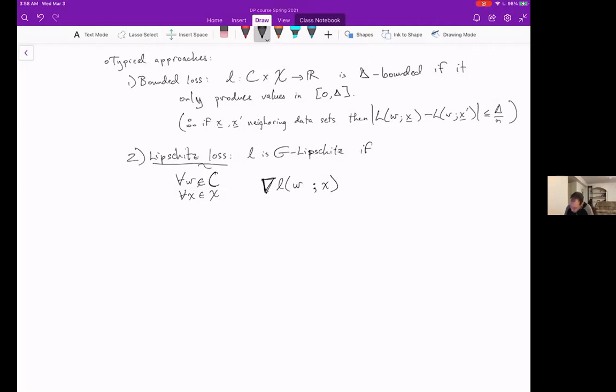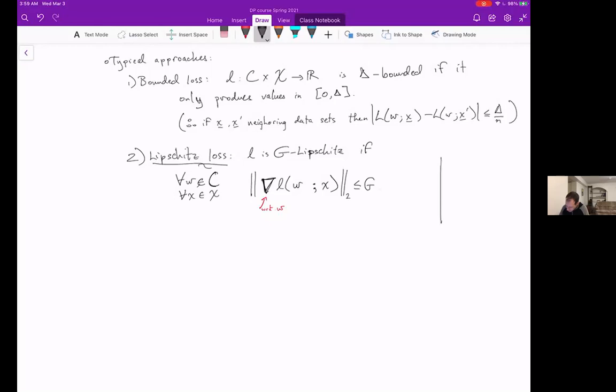So this is the gradient with respect to W. One way to define Lipschitzness is to say my function should vary slowly. So I could ask that the 2 norm of the gradient of the loss function be less than G everywhere.